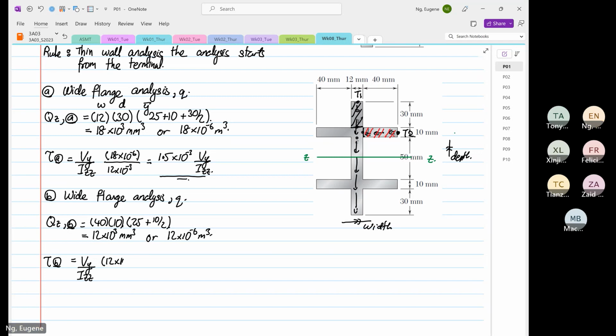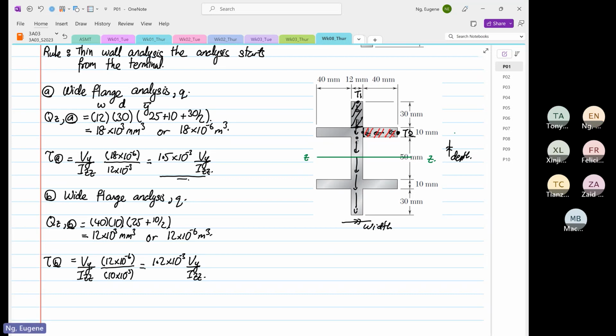Qz divided by, now the thickness change, right? The thickness now is 10 millimeters. Okay. So 12 power minus 6 divided by 10 power minus 3 is equal to 1.2 times 10 to the power minus 3 Vy over Izz.